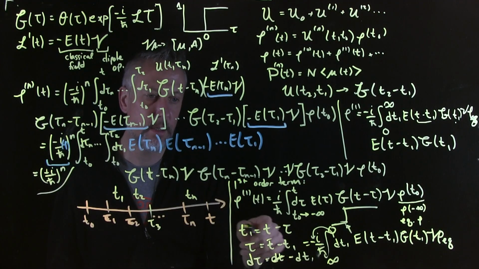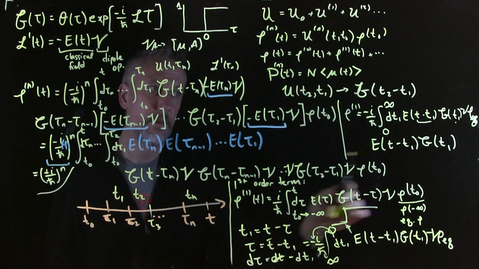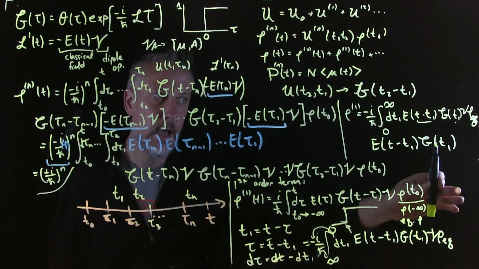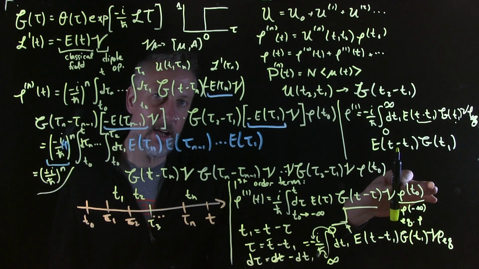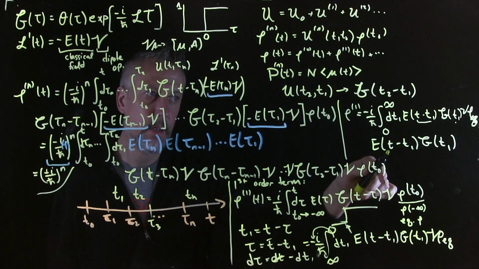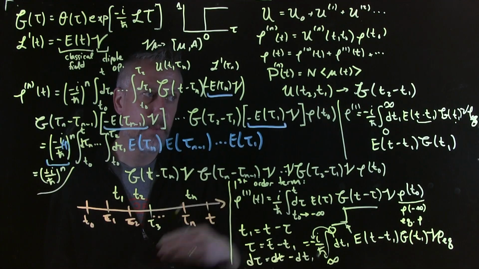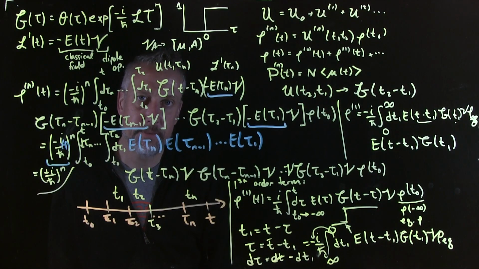So whenever you see a function of one time variable and another function of that time variable with an offset on it, in this case the offset is t minus t1, and you integrate that, that's a convolution integral.